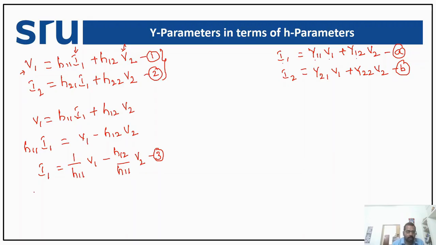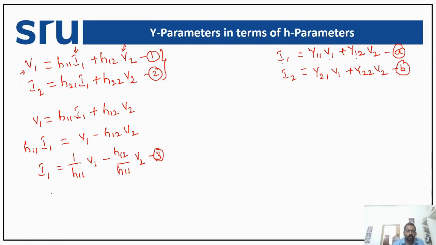Now what shall we do? Here if you try to see the third equation and the A equation, both are similar, where I1 is dependent and V1 and V2 are independent terms.